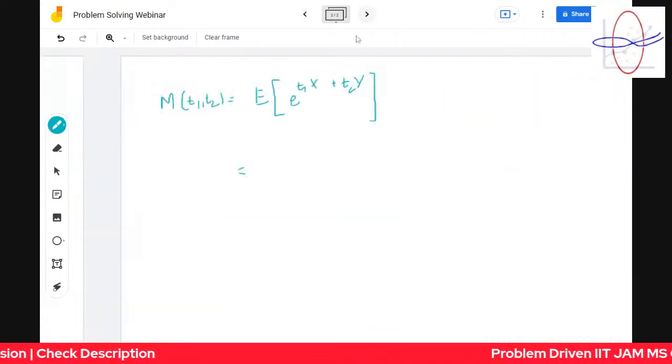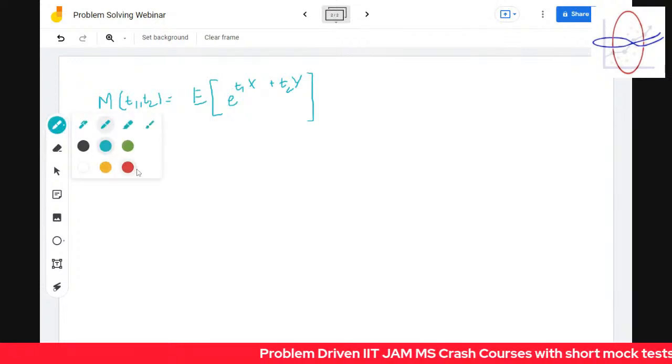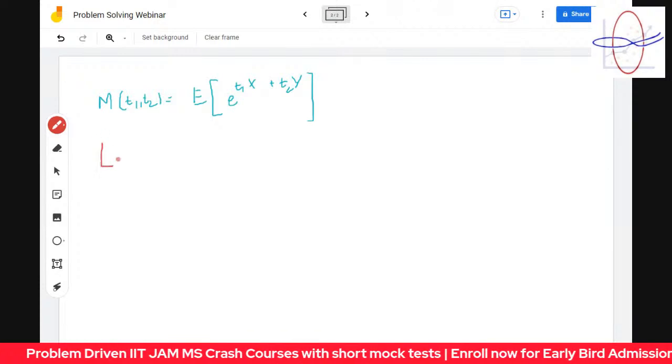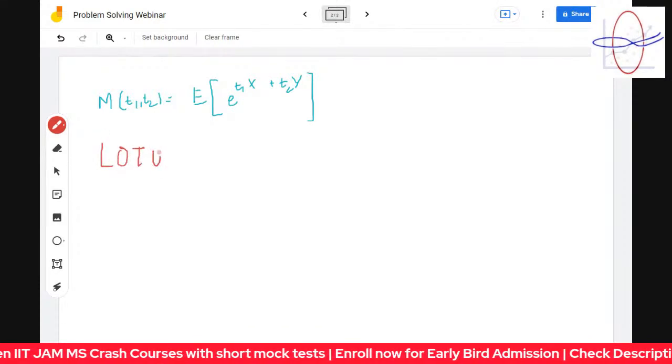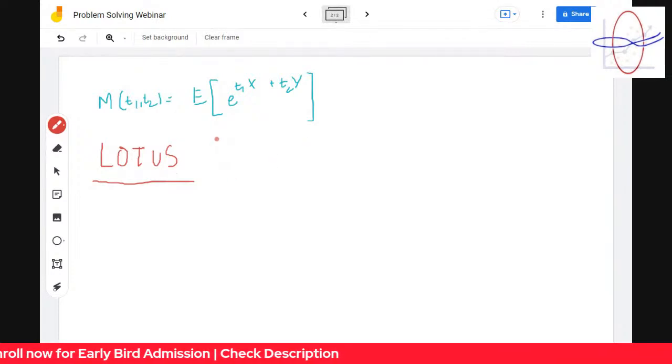So how is this defined? This is where I told you that LOTUS is coming again. If you remember the LOTUS for a one dimensional random variable, it's a problem solving strategy.